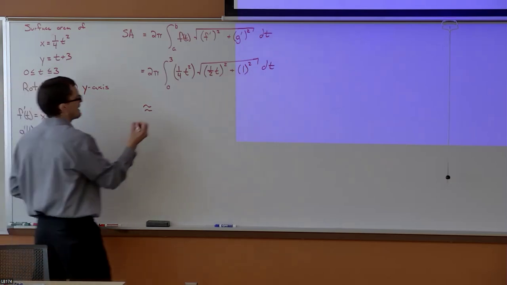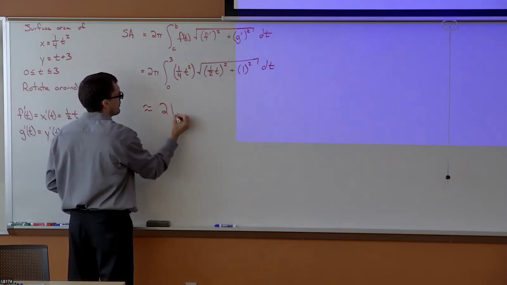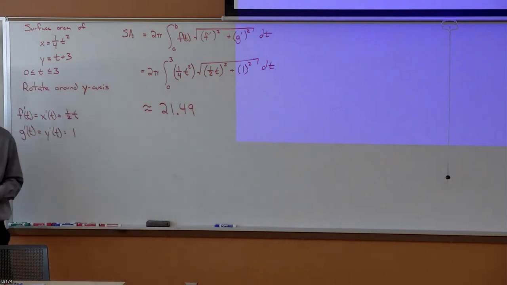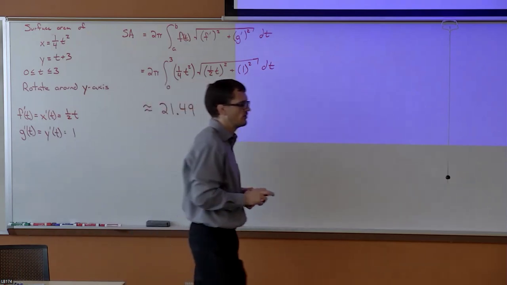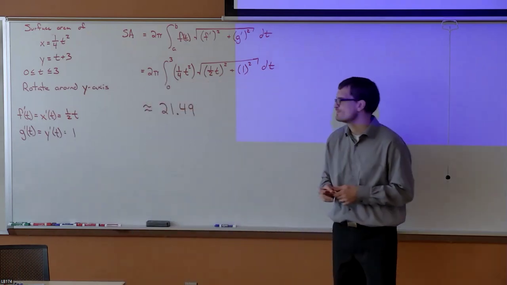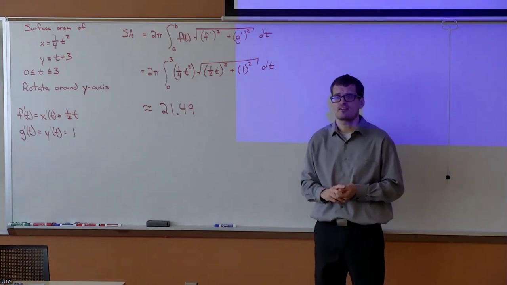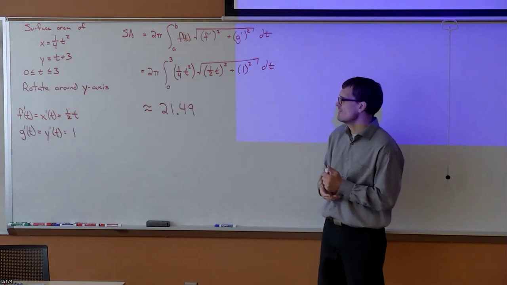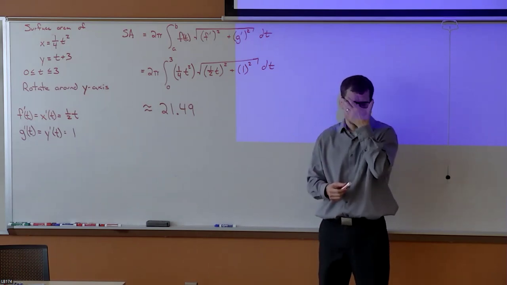And when I did that, I got about 21.49 as the surface area for the object rotated around the y-axis. So that curve rotated around the y-axis gave us a three-dimensional object, and the surface area of that object is about 21.49.